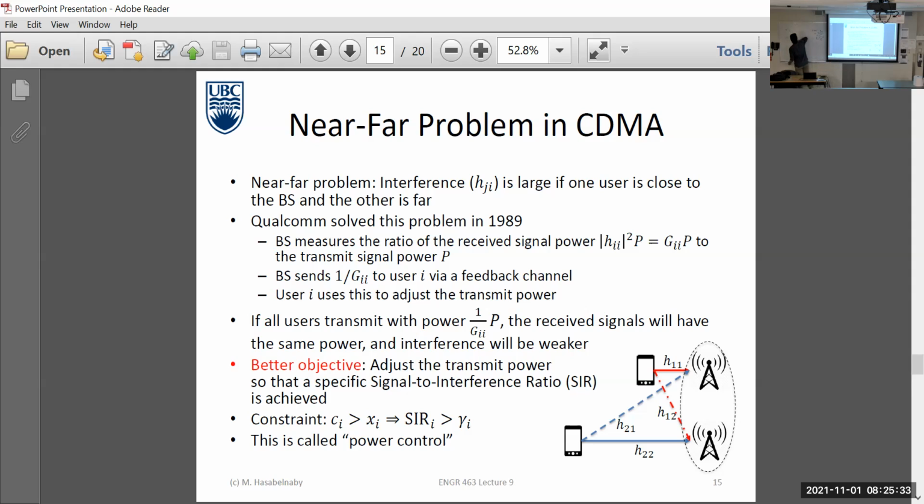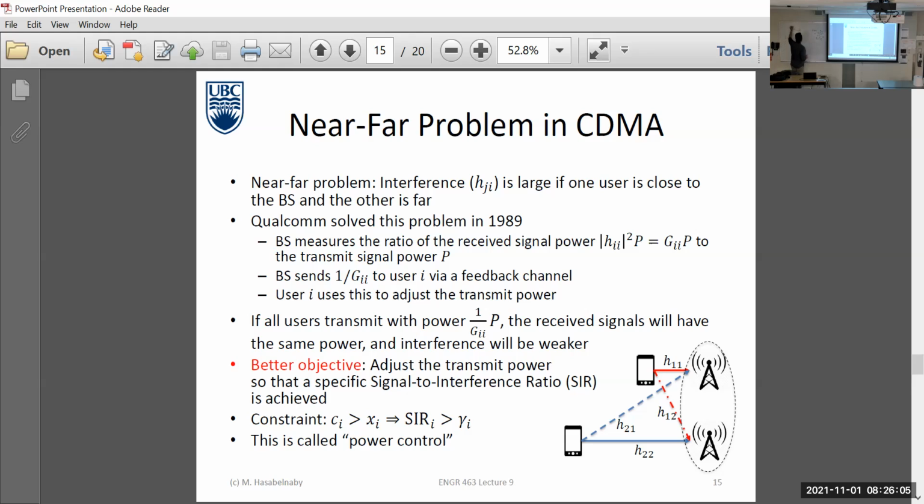This is the case where this is base station 1, and this is base station 2. I am here, and another user is here.